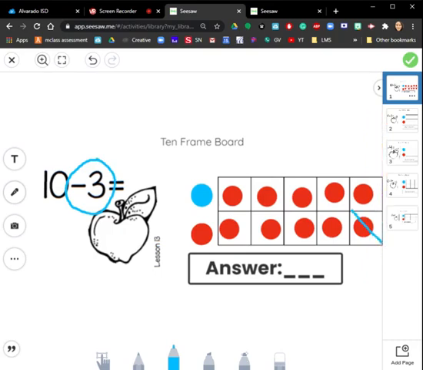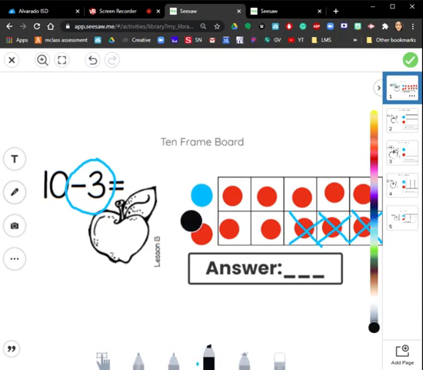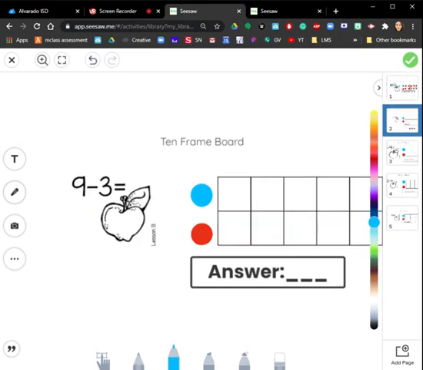So I'm going to cross out 3 of them. 1, 2, 3. So how many are left now? Let's count them. 1, 2, 3, 4, 5, 6, 7. There are 7 left.